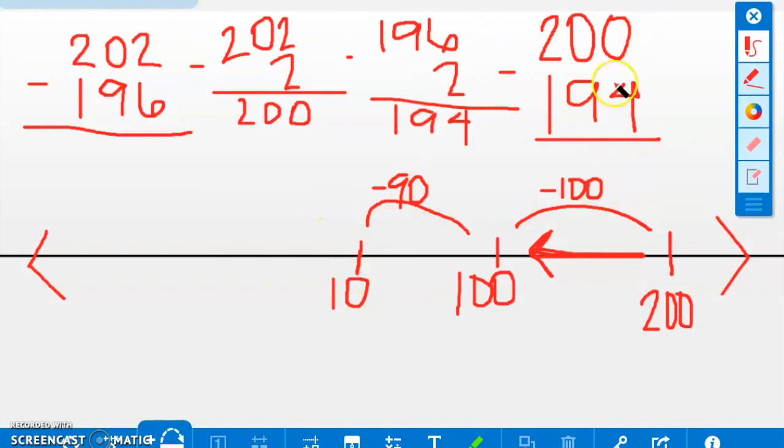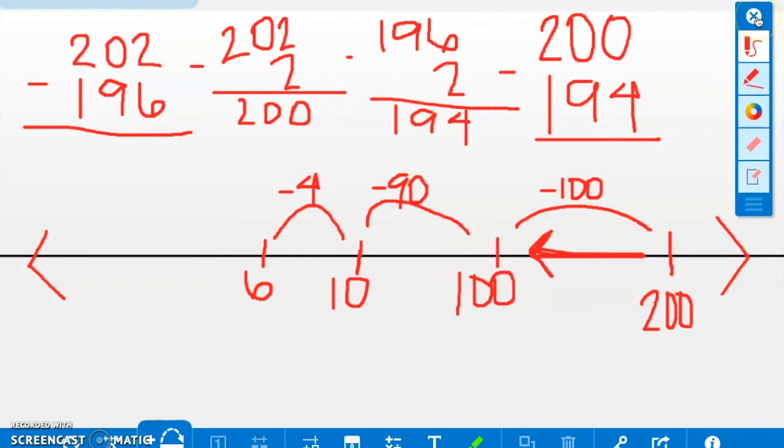And then you go back up to your problem and you see that it's a 4 in the ones. So then you would just subtract 4 from the 10 and you would end up with a 6.